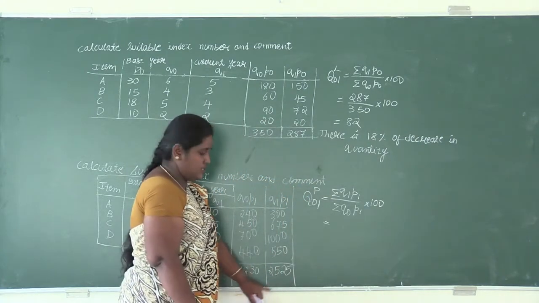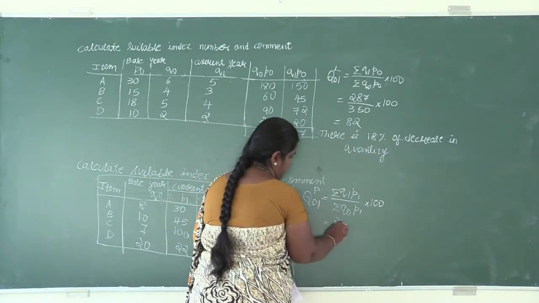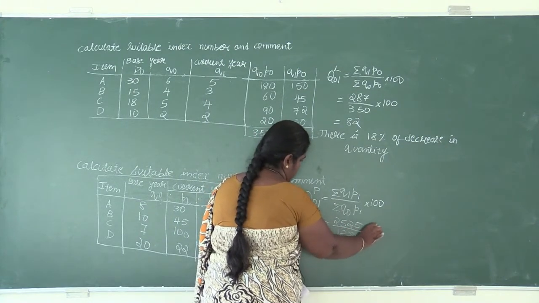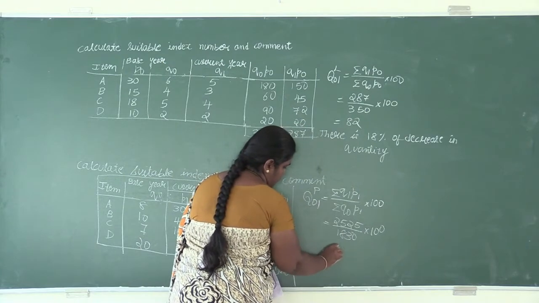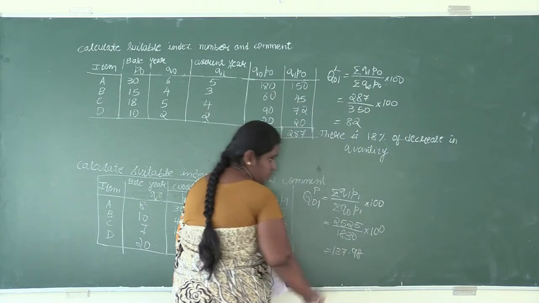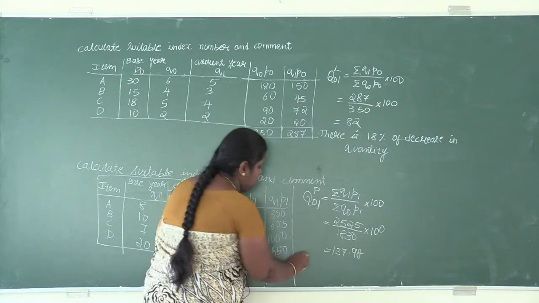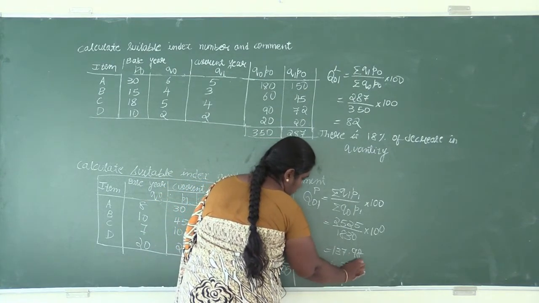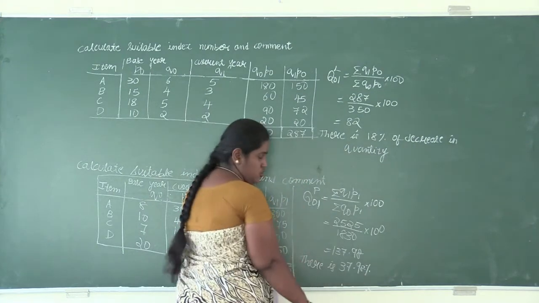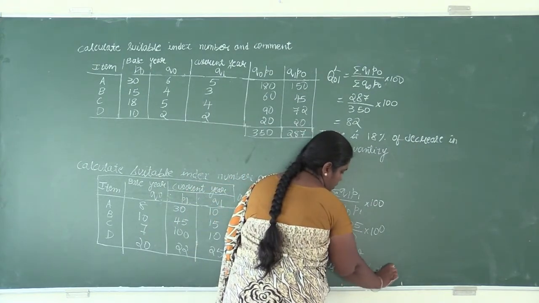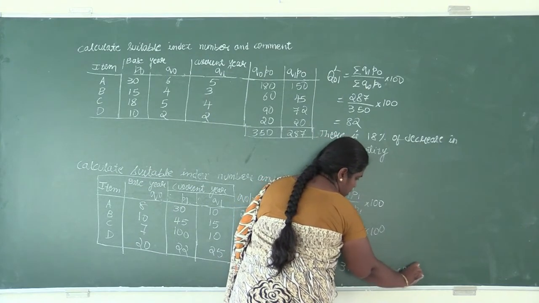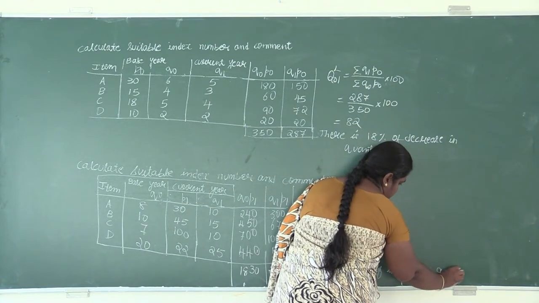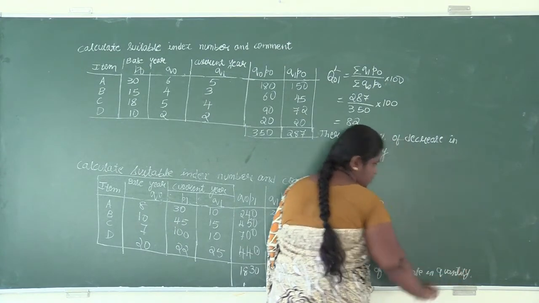Q1 P1 is 2525 divided by 1830 into 100. We'll get 137.98 and write the conclusion. There is 37.98% of, it is more than 100, so increase in quantity in current year as compared to base year.